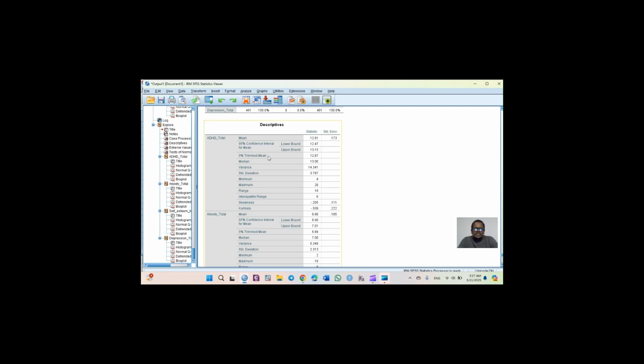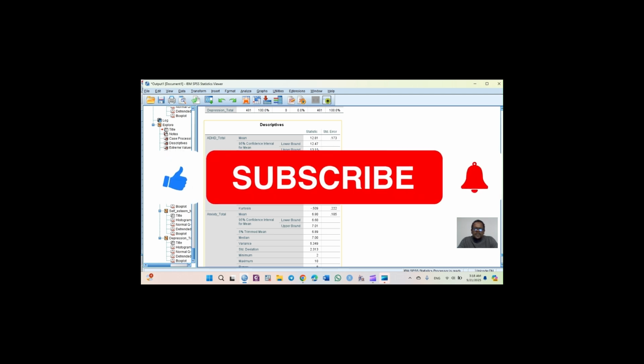The other important result here is the 5% trimmed mean. That means SPSS trims or removes 5% from the top and the bottom, the highest and the lowest values, and then takes the mean value of the rest. So look, the 5% trimmed mean is 12.87 and the whole dataset mean is 12.81.